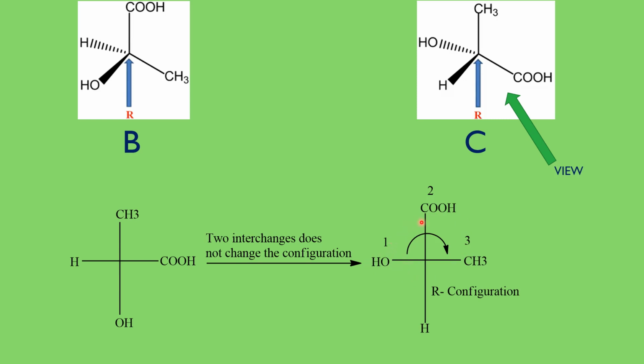And if you go from here, you are traveling in the clockwise direction. So if the sequence is in the clockwise direction, we have to assign R configuration. But before taking a decision, you have to look at the least priority group. Now it is in the vertical line, so you keep the configuration as R. So whether it is in the flying wedge formula or in the Fischer projection, the two interchanges do not affect the configuration. That is what you should understand from this example.